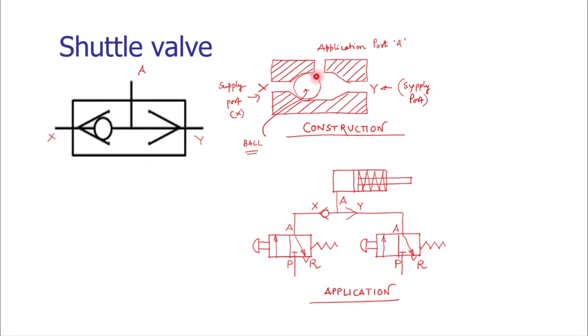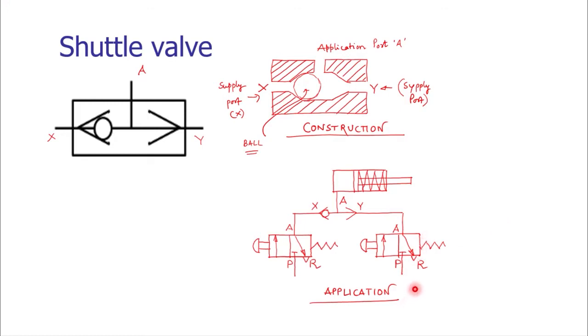So when we apply compressed air at port Y, provided there is no compressed air at port X, the ball will displace from right to left and block port X, and then we connect port Y to the application port. The shuttling of the ball from left to right and right to left is why it is called the shuttle valve.